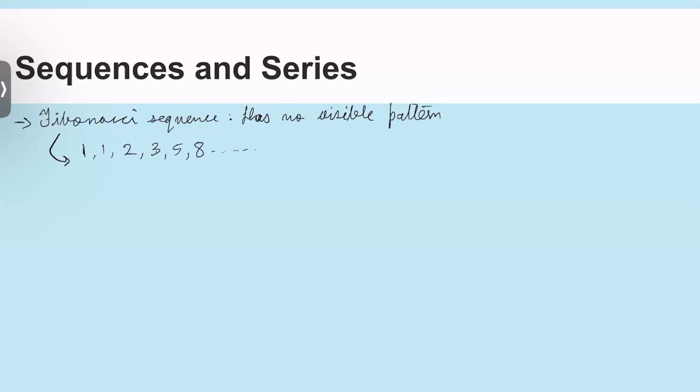Now over here, if you just look at it directly, you will not find any visible relation, a visible pattern that is being followed, as you could for 2, 4, 6, 8. Okay, so there you can find it very easily.